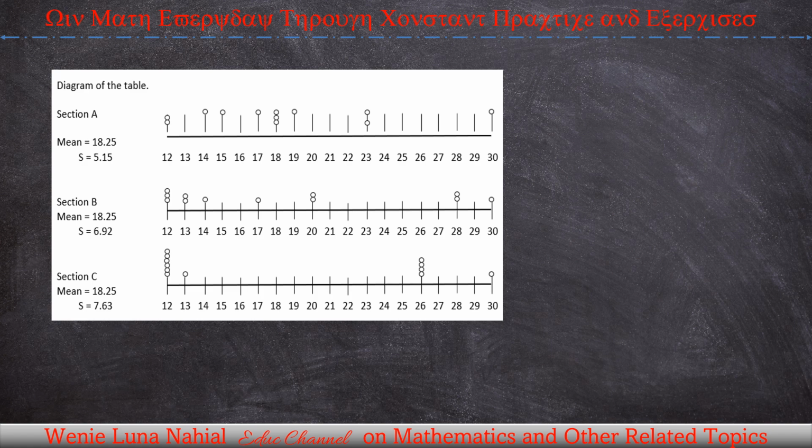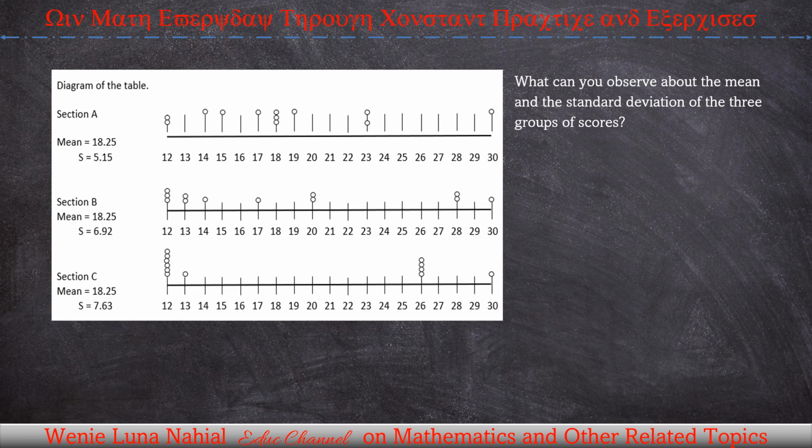Here, we can see the diagram of the table. You can see the dispersion of the test scores. You can see the spread of the test scores. And we're going to answer the following questions.